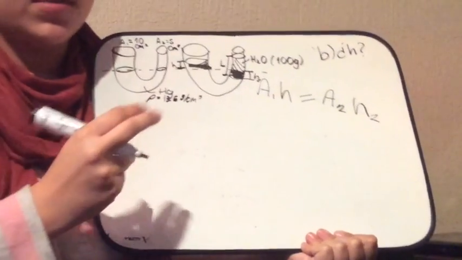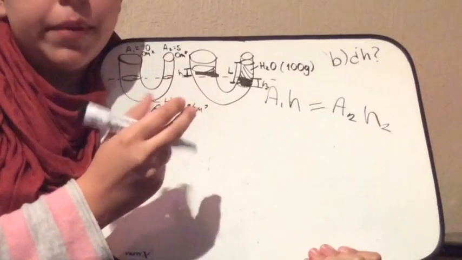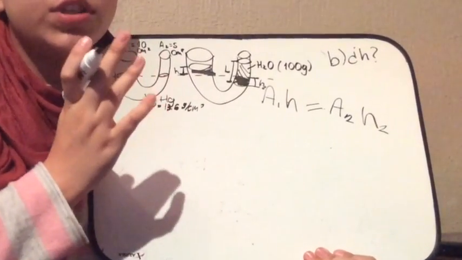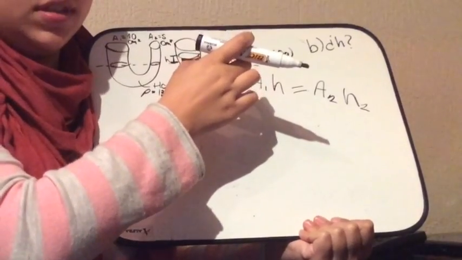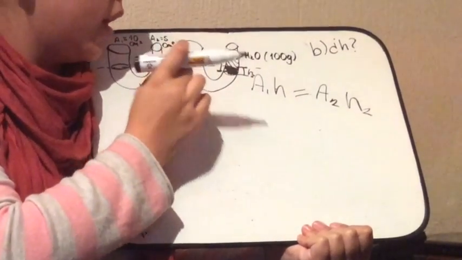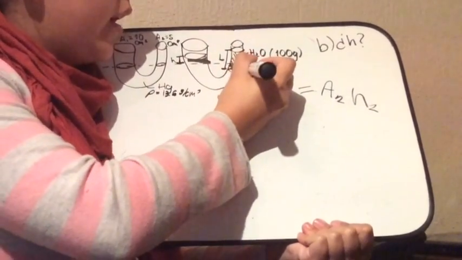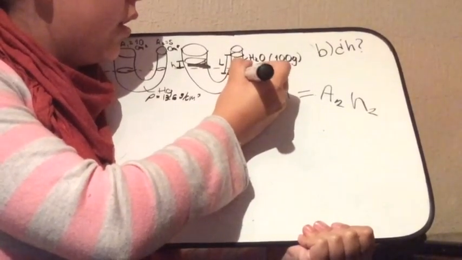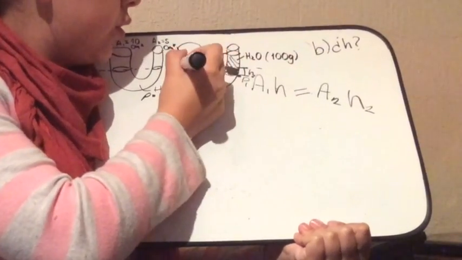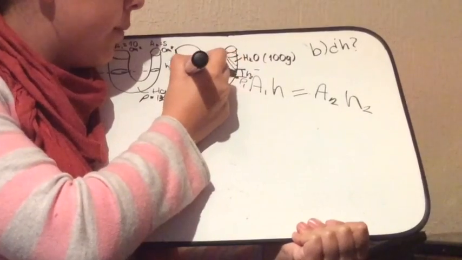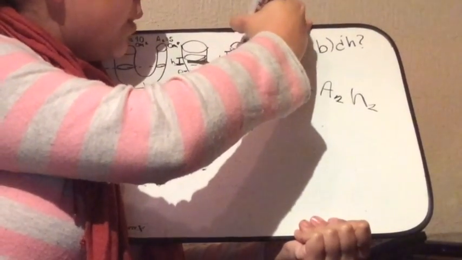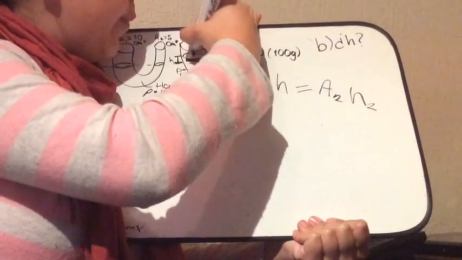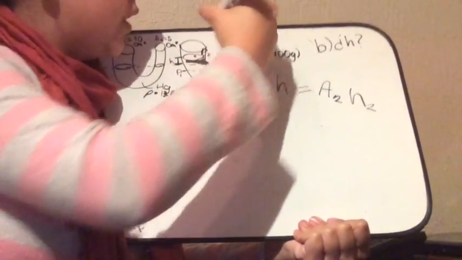The second part is that we set certain points to compare. So we need points at which pressure is the same in order to compare what happens here with what happens here. So we're going to take point 1 as here where h starts, where the pressure should be equal on this side. And point 2 is going to be right on the surface of both liquids, where the pressure is the same.